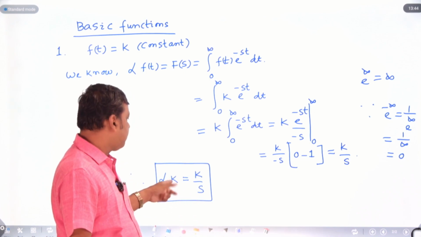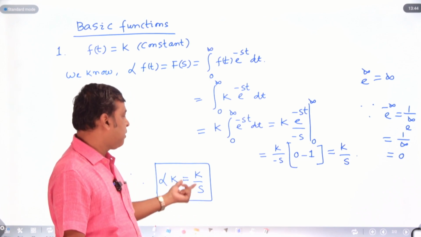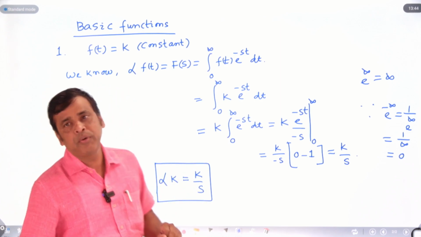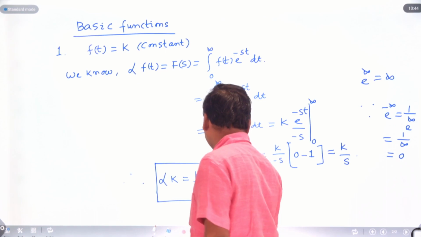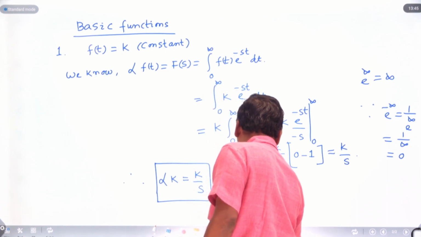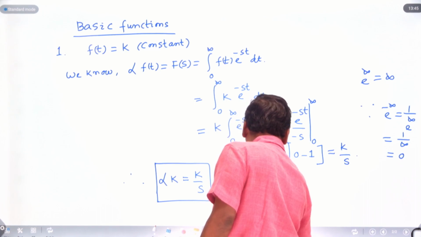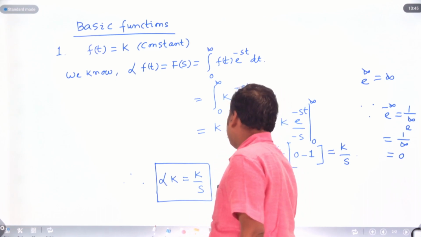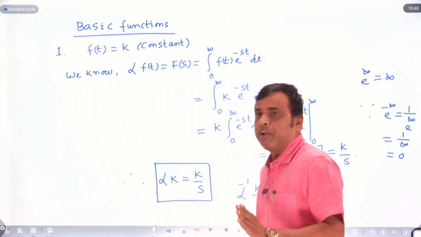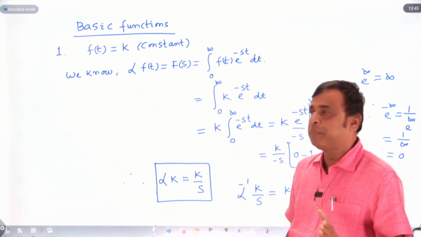Here, in the time domain, the constant function is k, and the Laplace transform of the constant function k is equal to k by s. If you reversely ask what is the inverse Laplace transform of k by s, it is nothing but k. If the Laplace transform of f of t is f of s, the inverse Laplace transform of f of s is nothing but f of t.